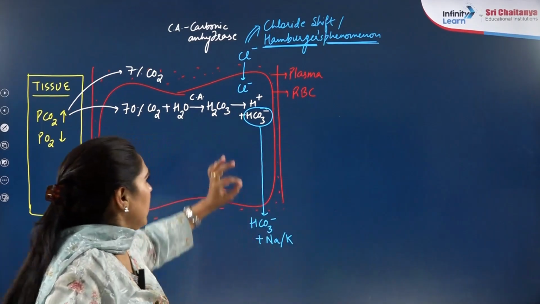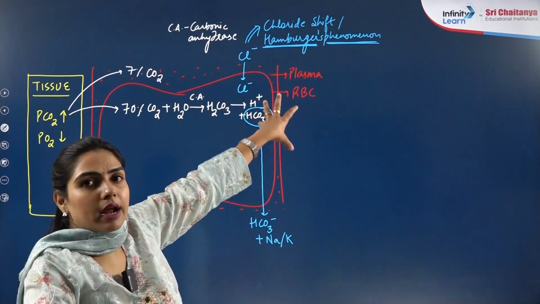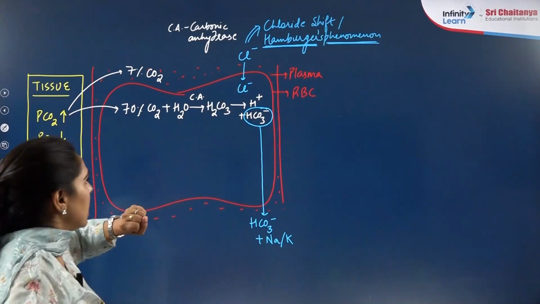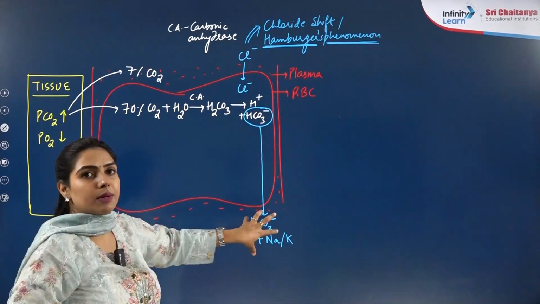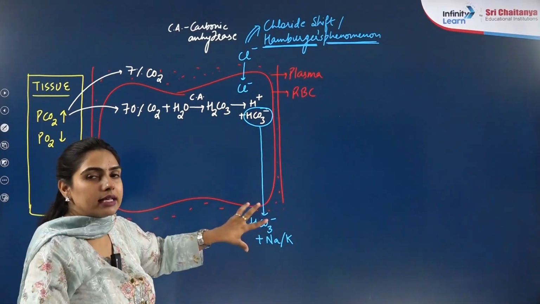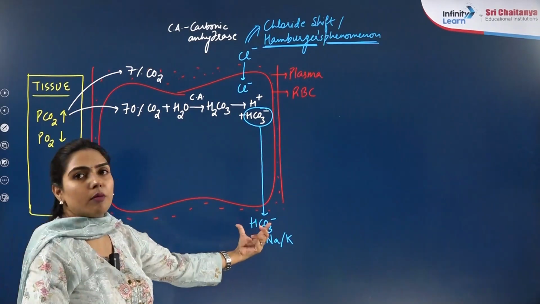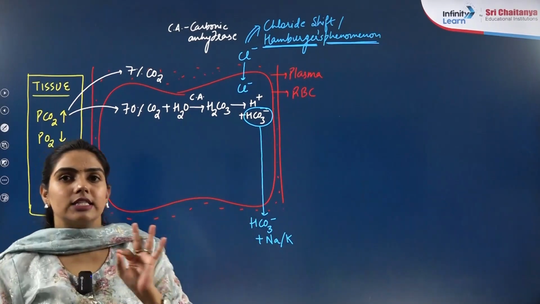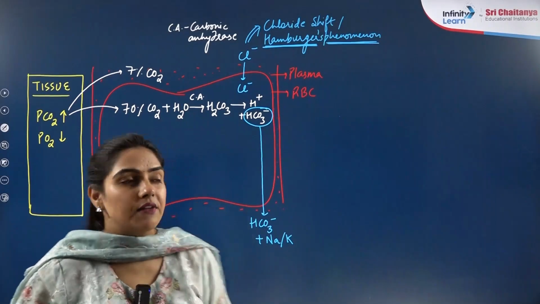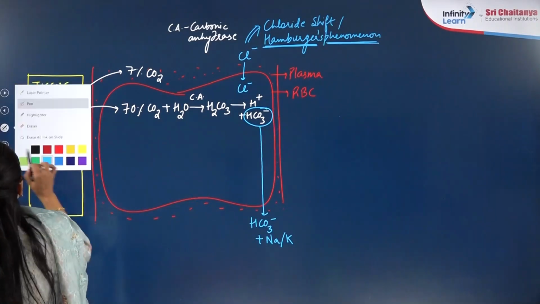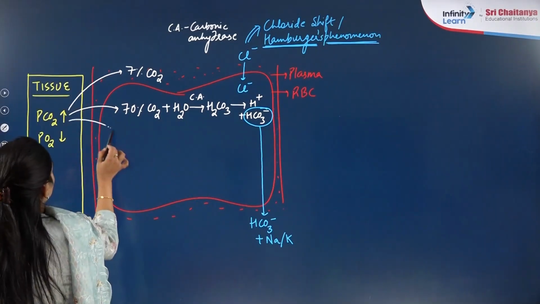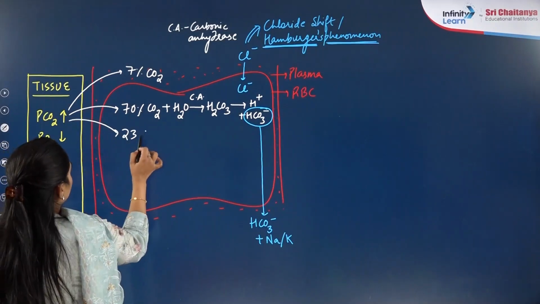So now, Hamburger phenomenon or chloride shift, that is happening. So now you have seen 70% of the CO2 has come outside into the plasma in the form of bicarbonate ion. The rest, 23%, is still left. The rest of the 23% CO2 is also going to come inside the RBC.